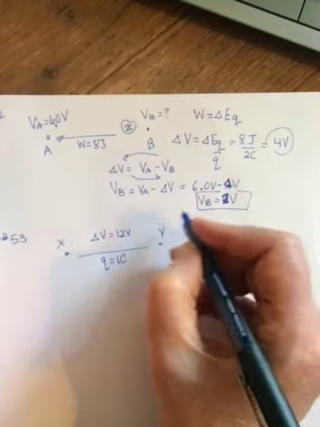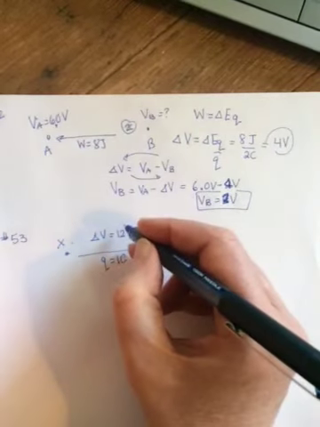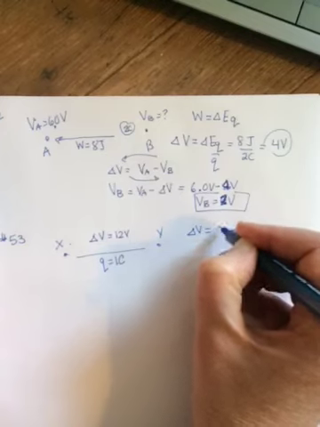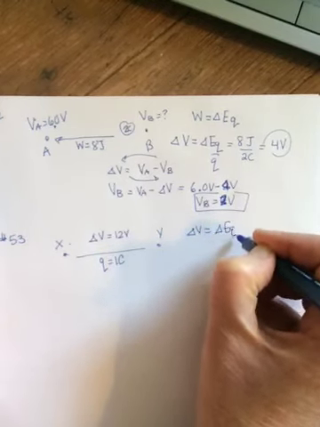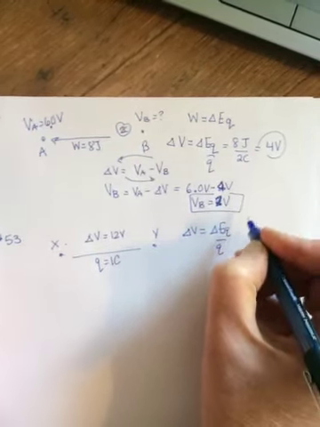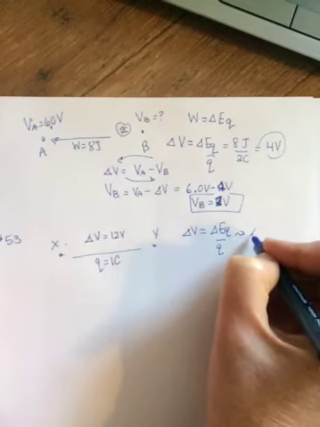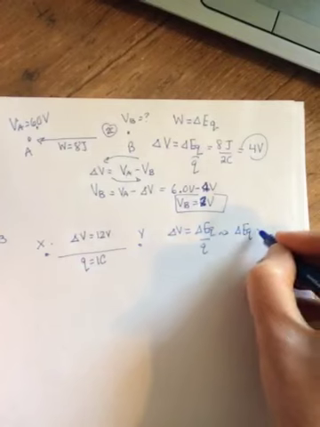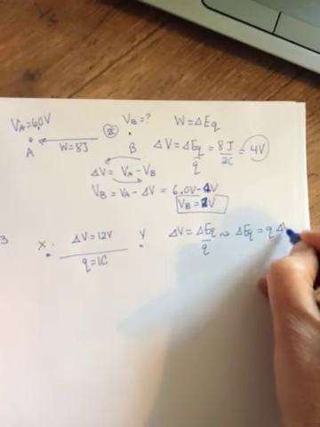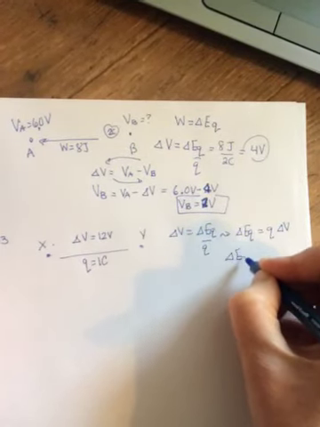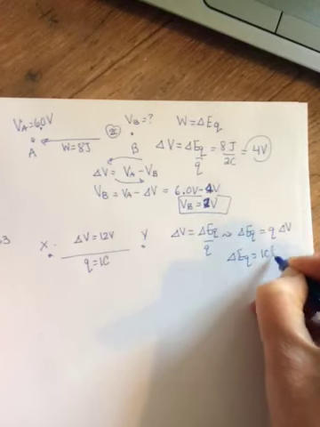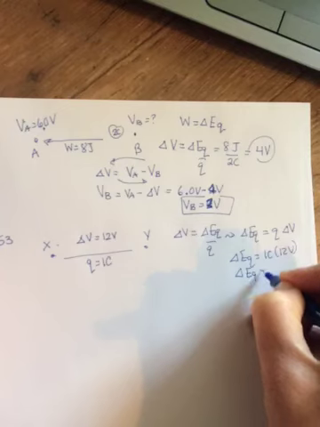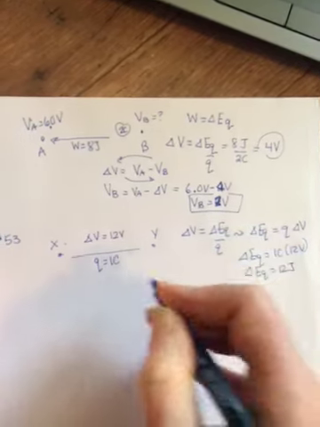So remember that this is delta V. So we know delta V should be equal to delta EQ over Q. So we can find delta EQ, the change in electric potential energy, which should just be equal to Q delta V. Higher order math, 1 coulomb times 12 volts. So the change in electric potential energy will be 12 joules.